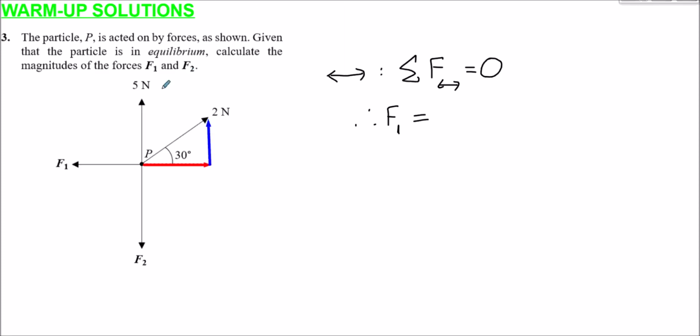Like I said before in warm-up questions 1 and 2, the component opposite to the angle is the hypotenuse, the magnitude of the force in this case, which is 2, sine of the angle, and the magnitude of the force for the component going along is the hypotenuse, cosine of the angle. So F1 must be equal and opposite to 2 cosine 30.